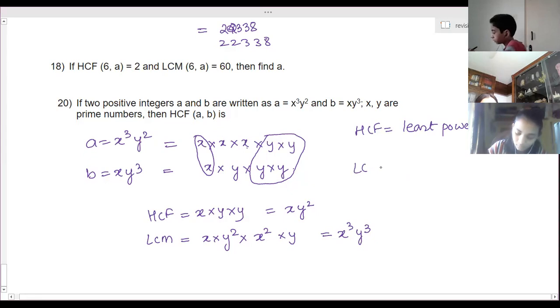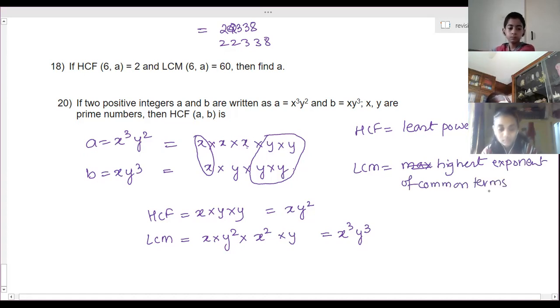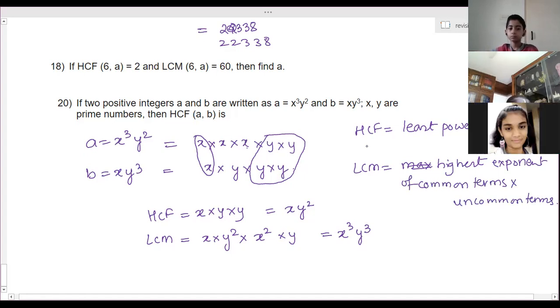LCM uses the highest exponent, or highest power, of common terms, multiplied into the uncommon ones. Now here x and y both are common, right?